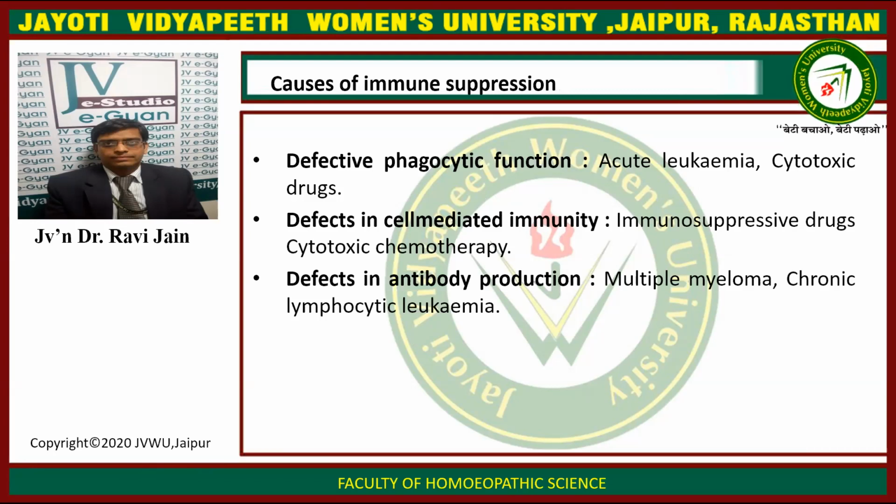Defective phagocytic function consists of acute leukemia, cytotoxic drugs. Defects in cell-mediated immunity consist of immunosuppressive drugs, cytotoxic chemotherapy. Defects in antibody production: multiple myeloma, chronic lymphocytic leukemia.